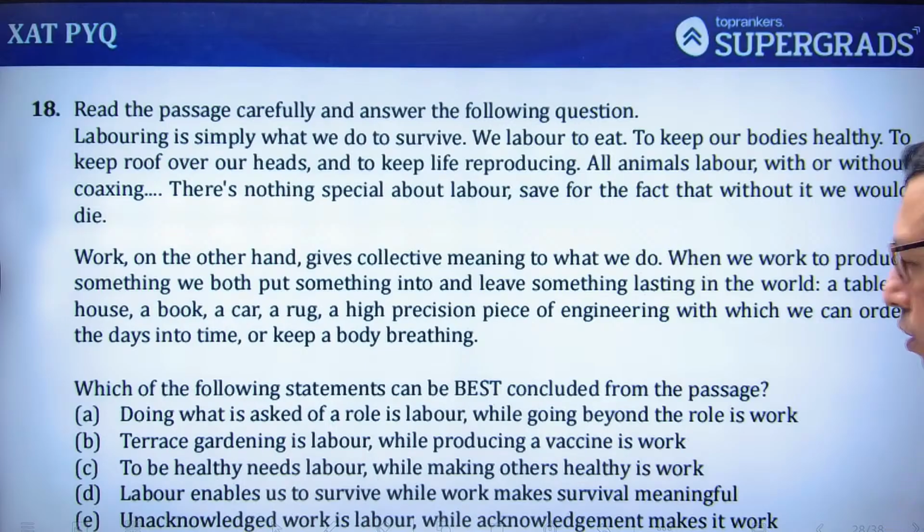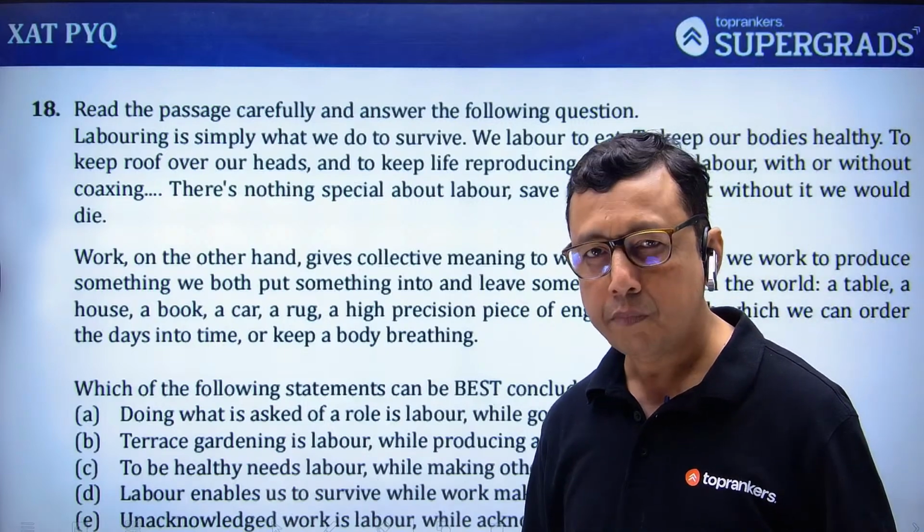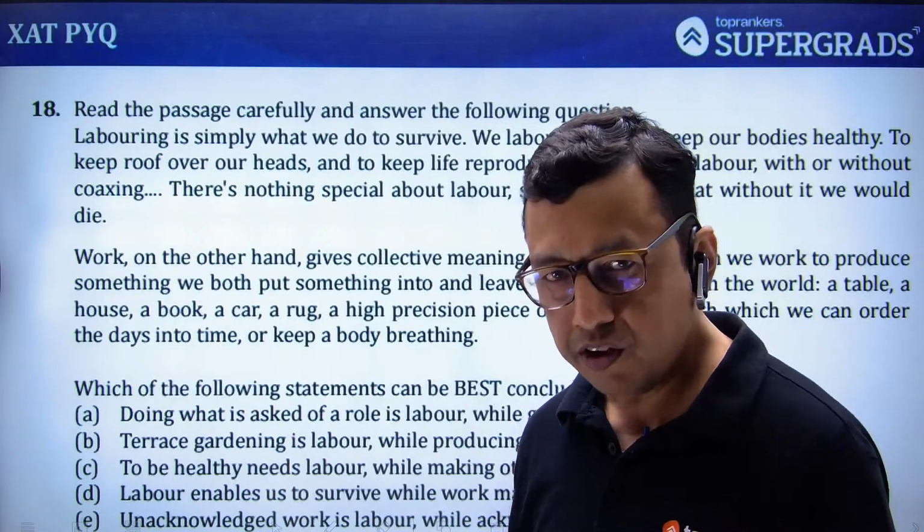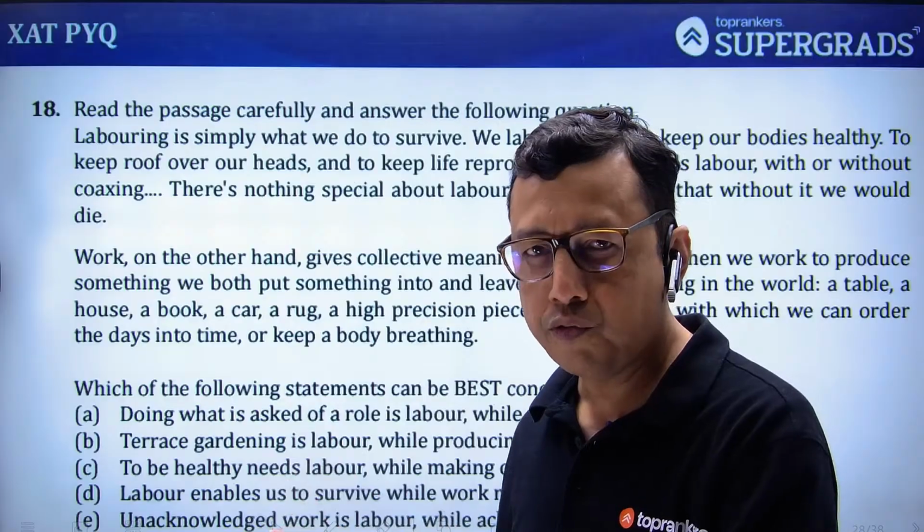Great. I'm sure after discussing many difficult passages, you're going to find this passage quite easy.